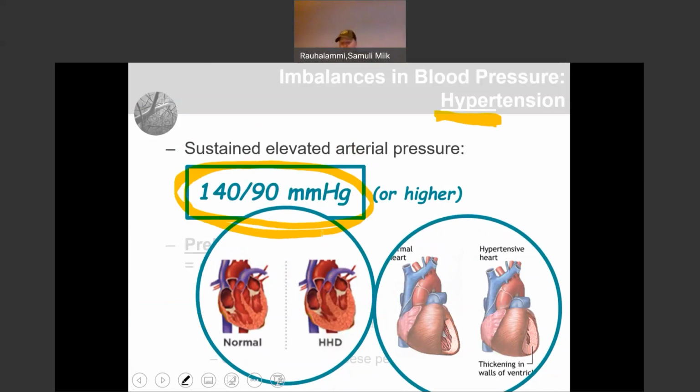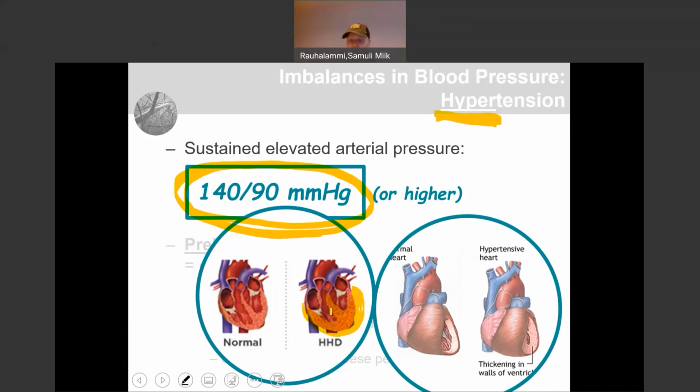Why this could be dangerous is that you end up with a higher risk of heart failure, vascular disease, renal failure, you remember the kidneys filter the blood, or stroke. As a result, the heart needs to work harder. And what we actually end up noticing is that the myocardium gets a lot thicker in these patients with elevated blood pressure.